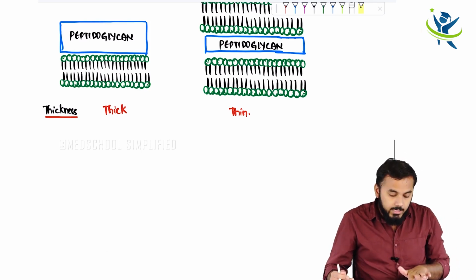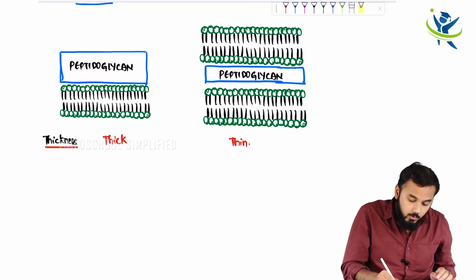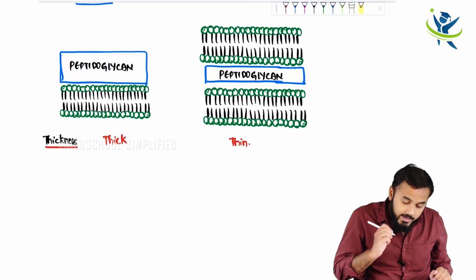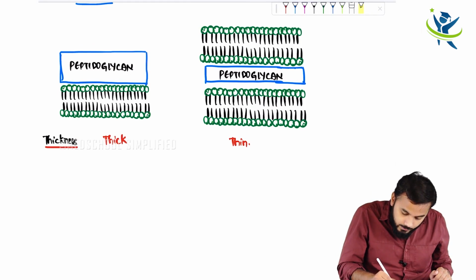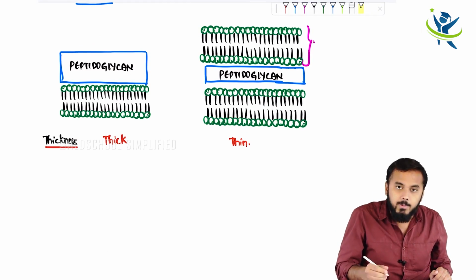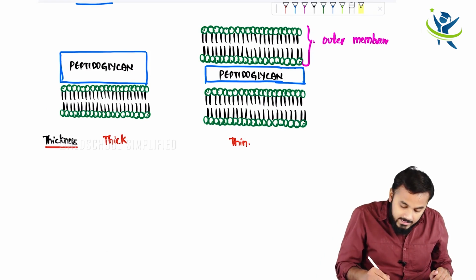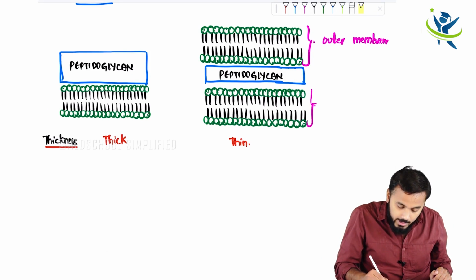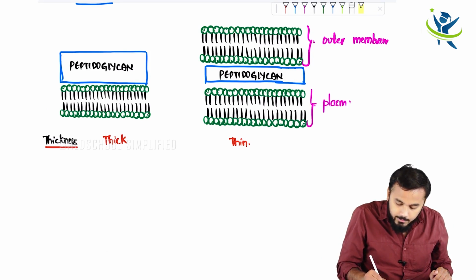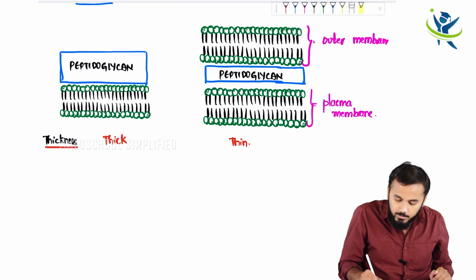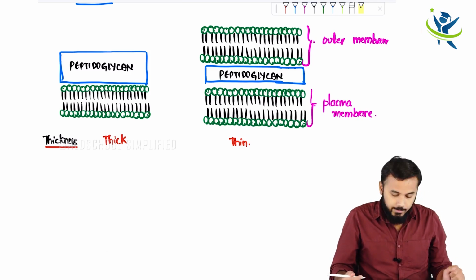Look at the gram negative one. Even in gram negative bacteria, you have got a phospholipid bilayer. Whereas in this one, the phospholipid bilayer is called the outer membrane, and this phospholipid bilayer is called the plasma membrane. One is called the outer membrane, another one is called the plasma membrane.